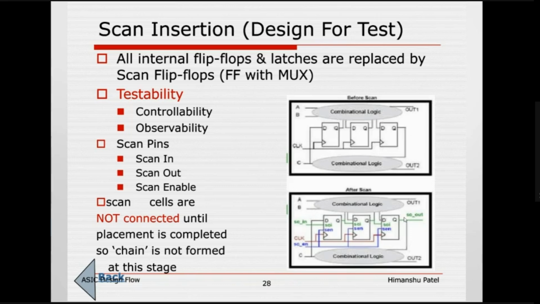Now, you need a scan path. Why you need a scan path is a question you should get. Why do you need to add additional logic for DFT? Because you want to test the functionality. As DFT, you have to prove that this functional logic is fault free.